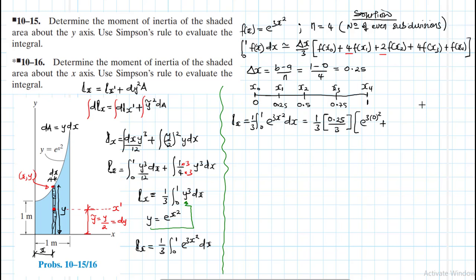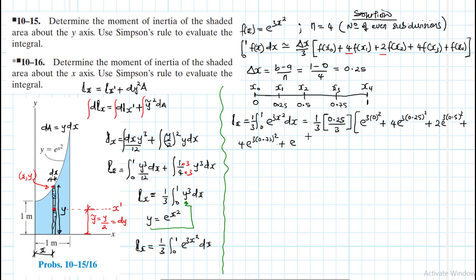So e to the power 3 times 0 squared, then the next one is 4 e to the power 3 times 0.25 squared, plus 2 e to the power 3 times 0.5 squared, plus the next term, which is 4 e to the power 3 times 0.75 squared, then plus e to the power 3 times 1 squared.